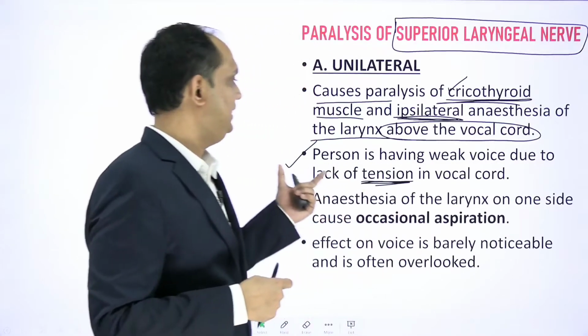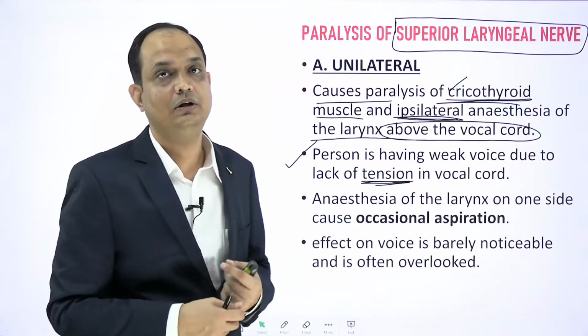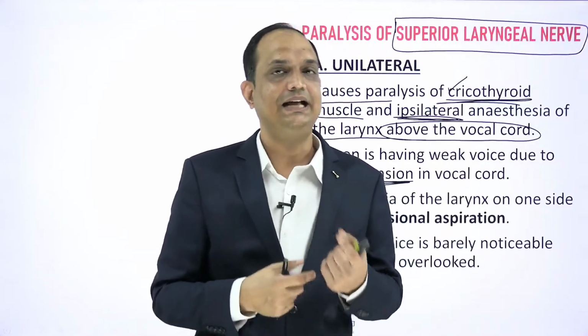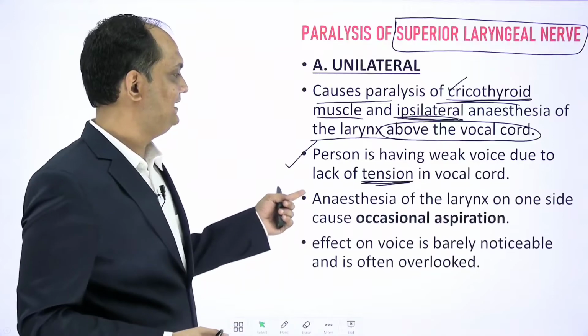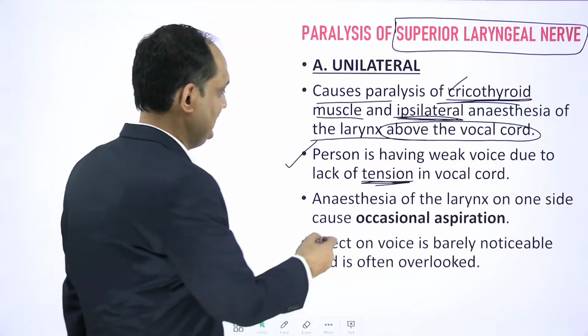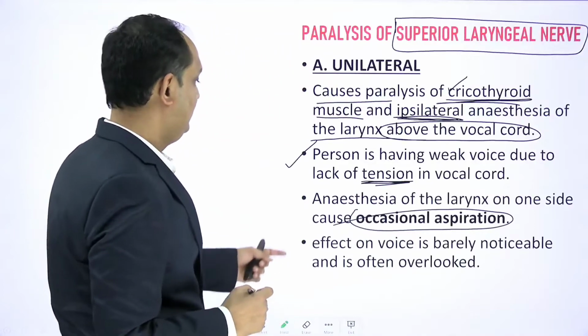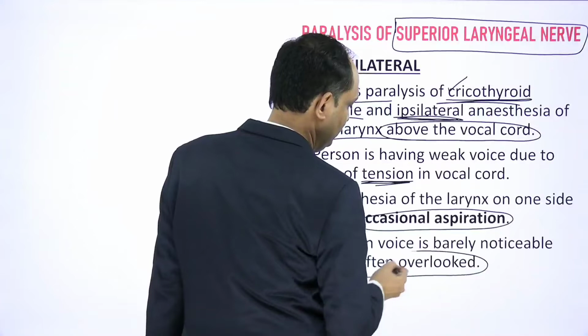In the same way, if you want to produce voice, you need tensioning in the vocal cord. If the vocal cords become flabby, they become relaxed, and then the production of voice is going to be affected. So anesthesia of the larynx on one side causes a problem with aspiration. The effect on the voice is barely noticeable and it is often overlooked.